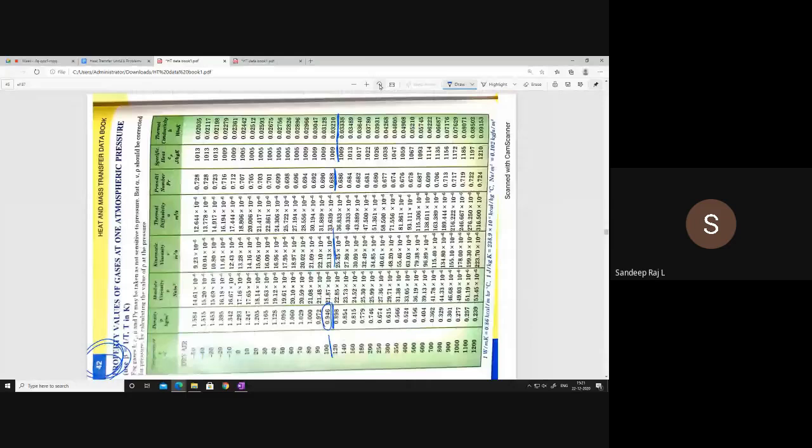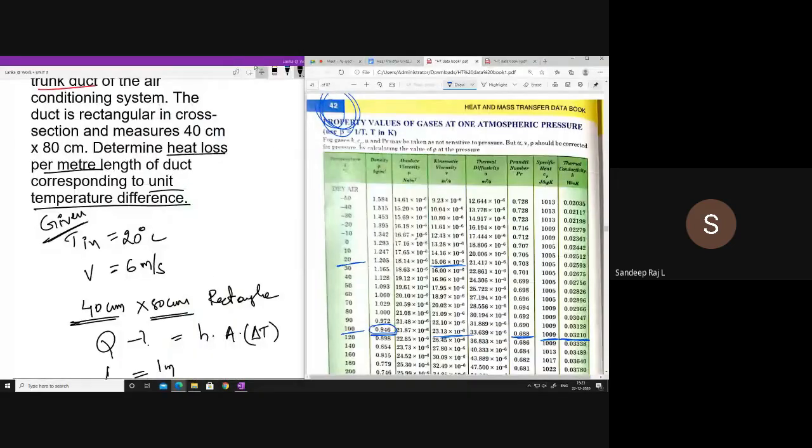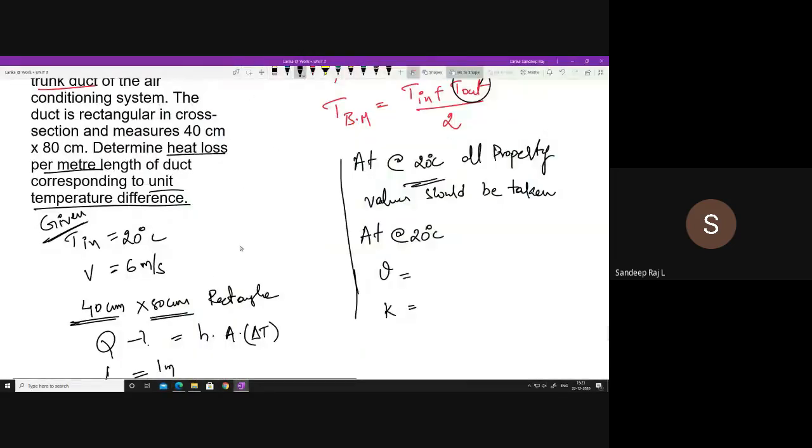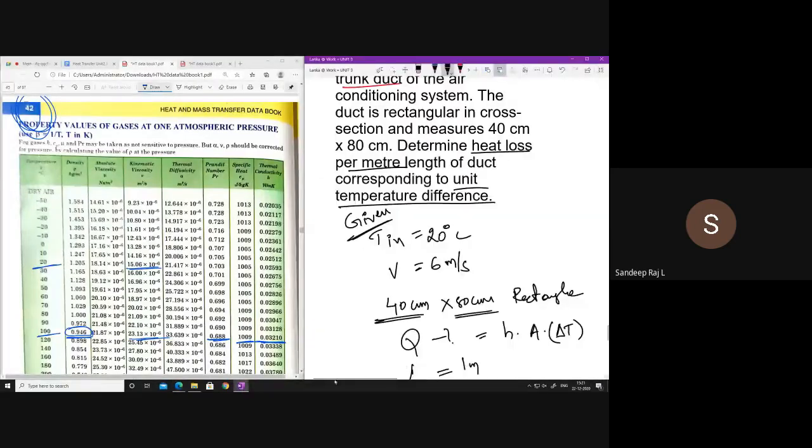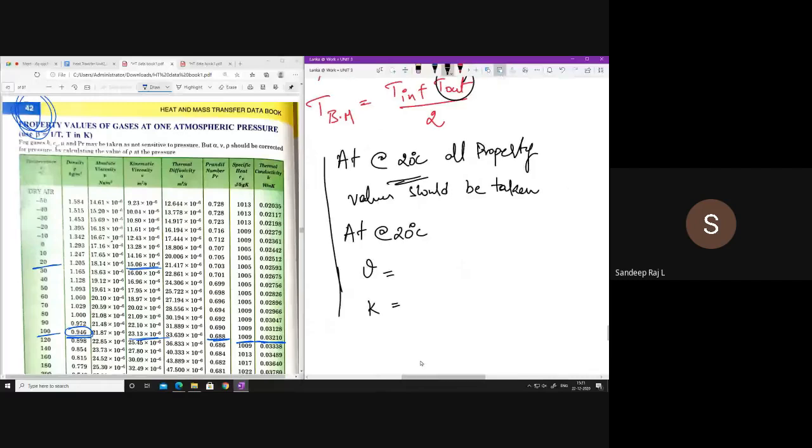At 20 degrees centigrade, you have to take the new value also. Let me write it. 15.06 into 10 to the power of minus 6 meter square per second.